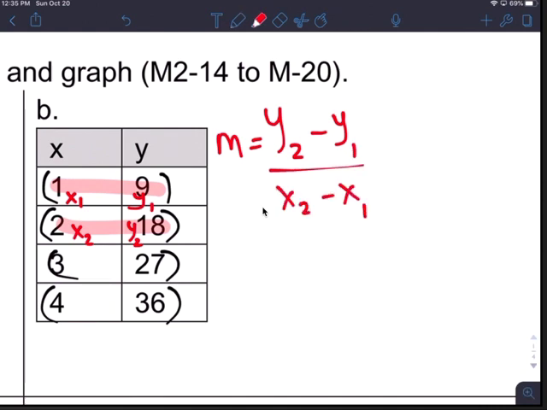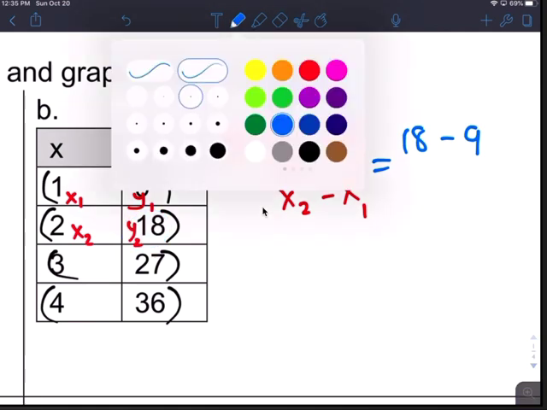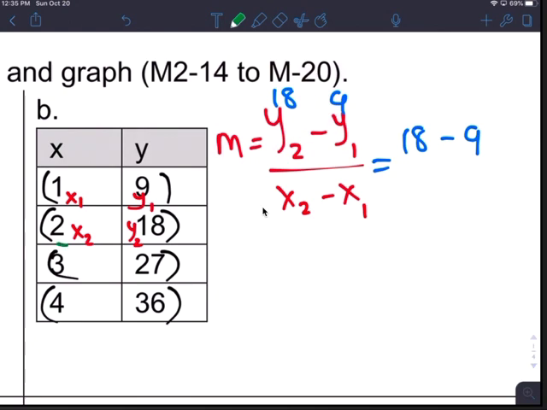Okay, y sub 2 is 18, and y sub 1 is 9. So you get 18 minus 9, okay, and then x sub 2 right here is 2.